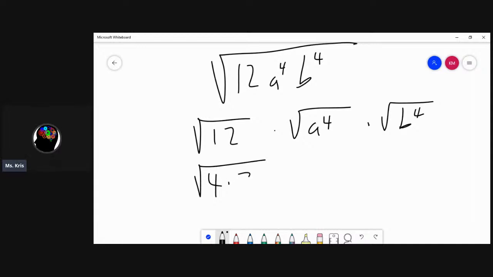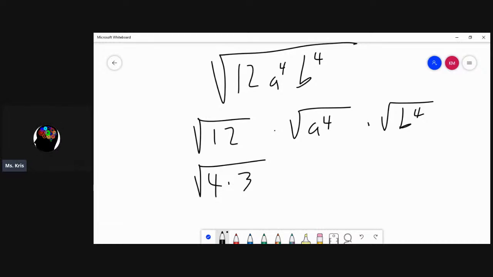So the square root of 4 times 3 is how you would break down 12. You're always looking for a perfect square. So it must divide by 1, 4, 9, 16, 25. Usually the first 10 perfect squares in order for you to be able to rationalize the number.